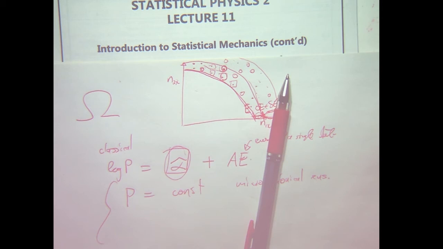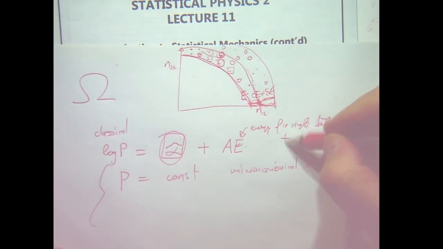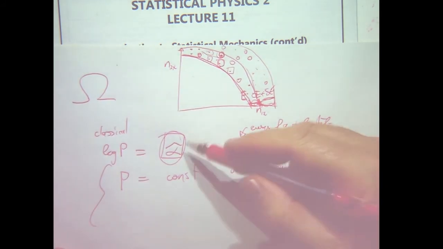So there's translation in 3 directions and rotation around 3 axes. So that gives extra terms here. I can't remember alpha.